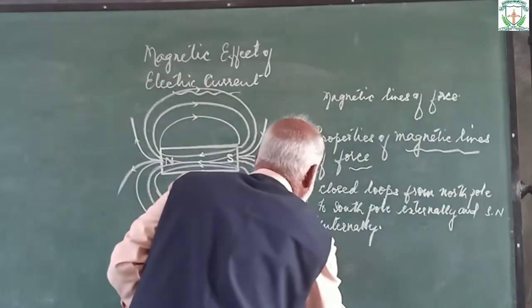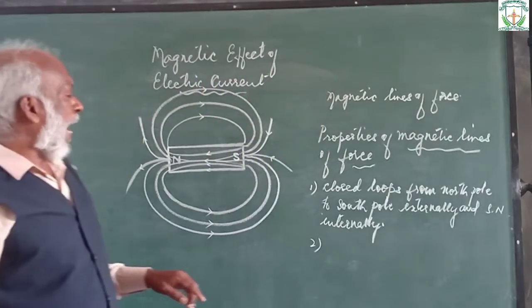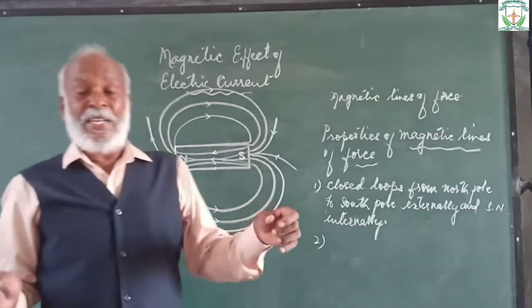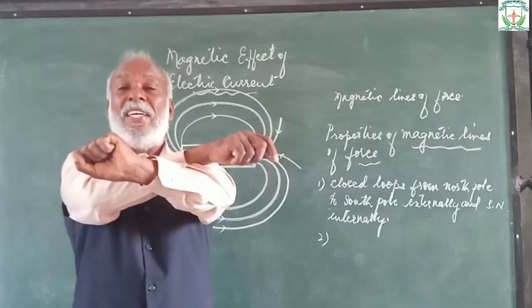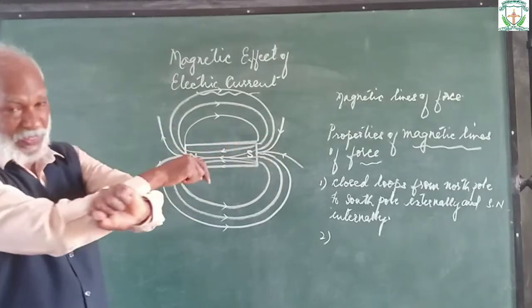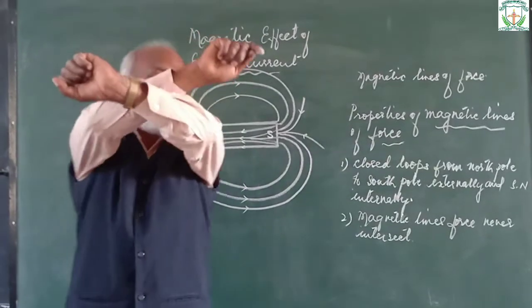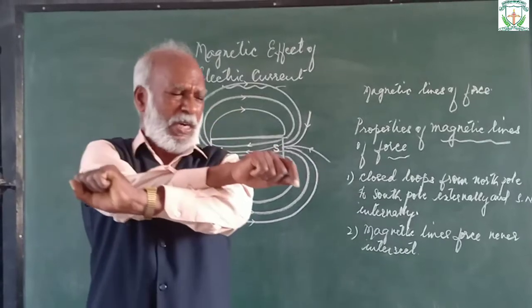Now second property, magnetic lines of force never intersect. So there is no chance that two magnetic lines of force cross over or intersect. What is the reason?